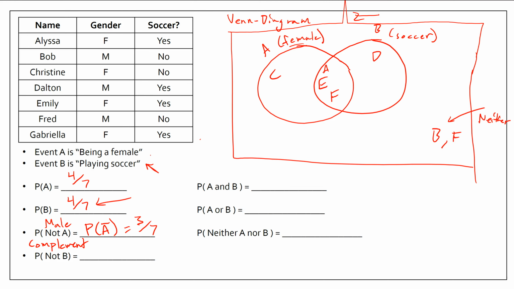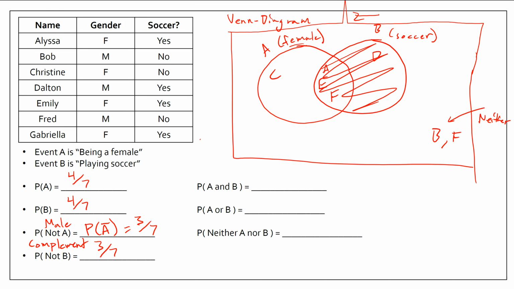They play soccer, so shouldn't not B be 3 players? Because if 4 people play soccer, isn't it very logical that the other 3 don't play soccer? So these probabilities do add up to the total. Or what I like to do is literally just cover up everybody in B. How many people are left? This guy, this guy, this guy. That's 3 total people who aren't in B.